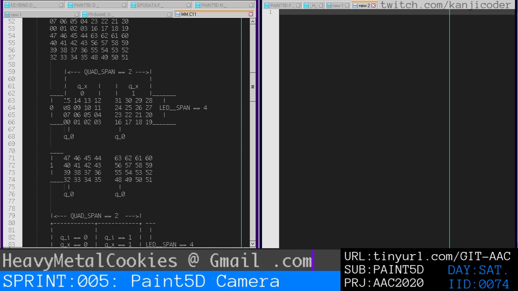So we need to find the y, and we're going to invert the y, multiply it by 4, and then use that to flip.